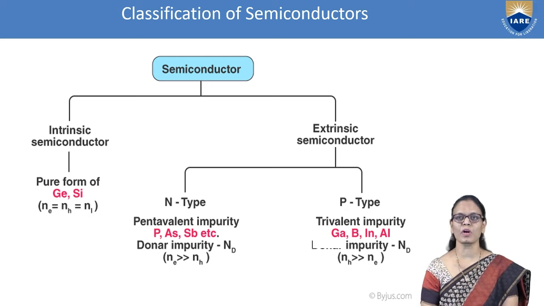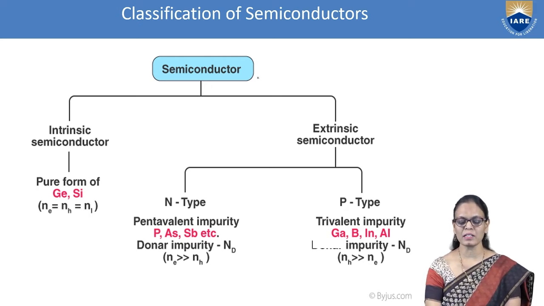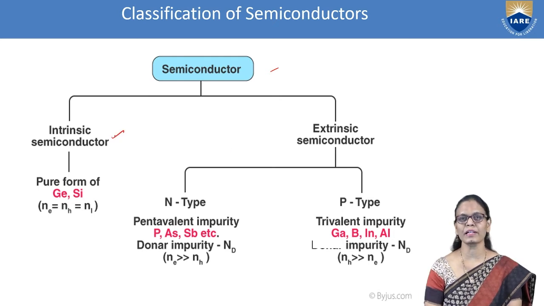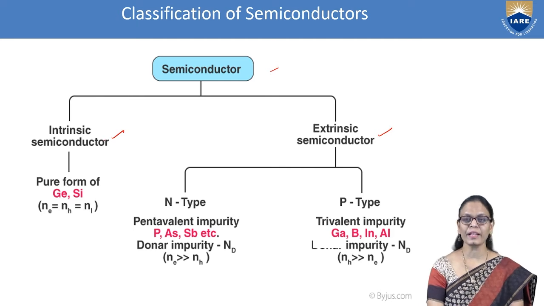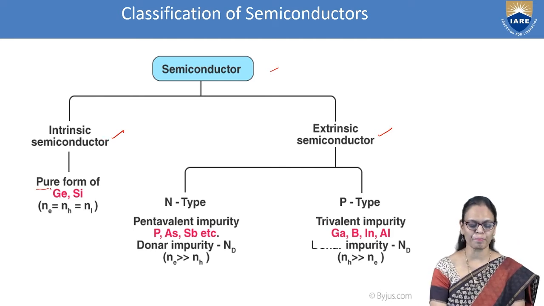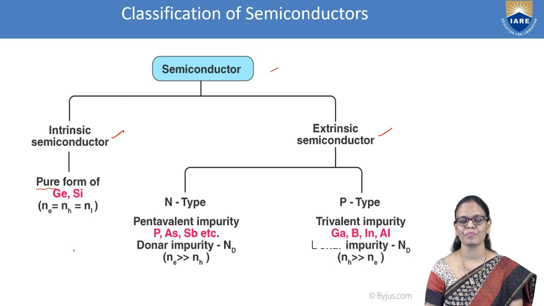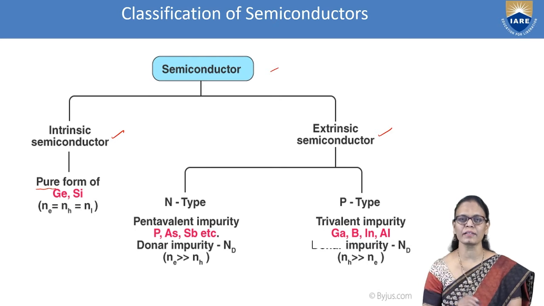Now let us see the broad classification. In semiconductors, we have intrinsic semiconductor and extrinsic semiconductor. Intrinsic semiconductors are pure semiconductors. Pure means if we are taking a silicon crystal, all the atoms in the crystal are silicon atoms.